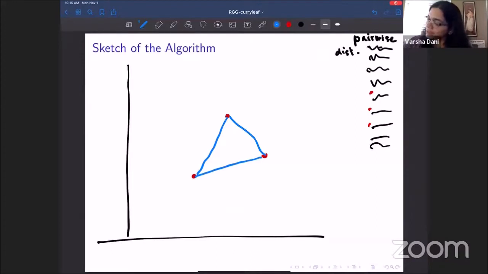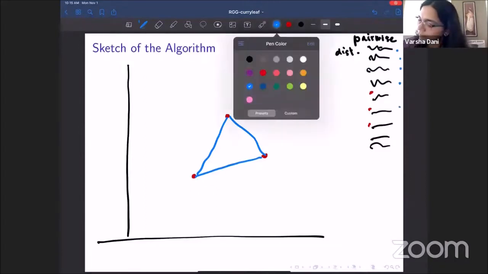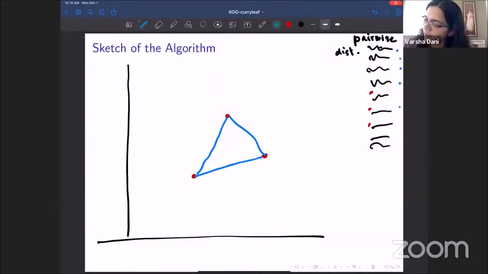And then for each other point, I want to place that point down somewhere in the plane. So I say, okay, what is its distance to this? It's something. What is its distance to this? It's something. So based on those 2 distances, I get 2 possibilities for this point, here or here.